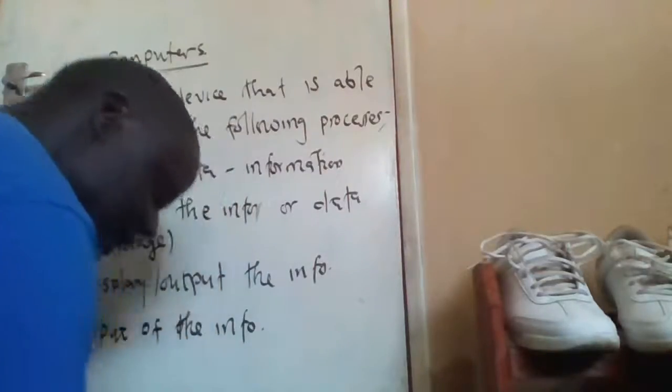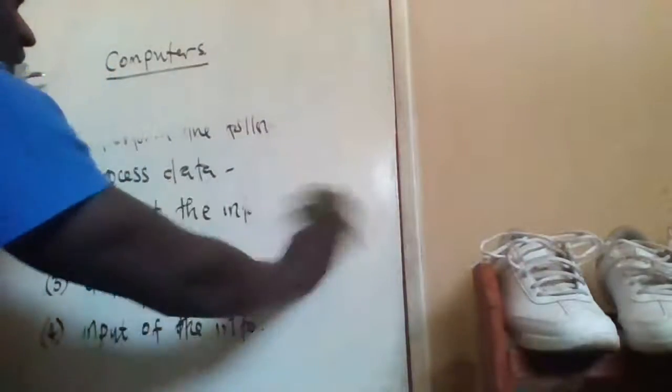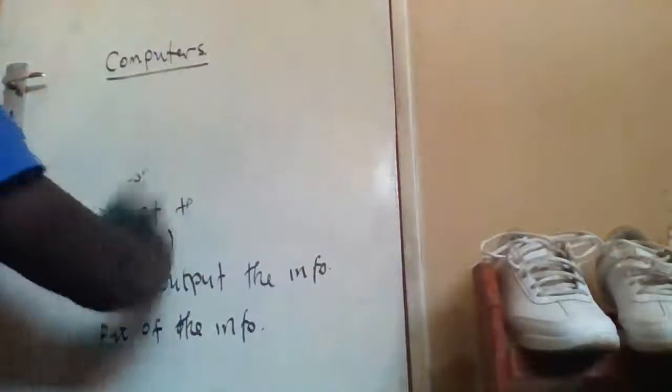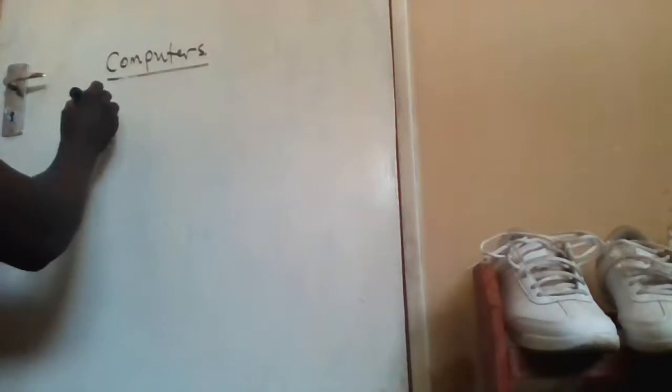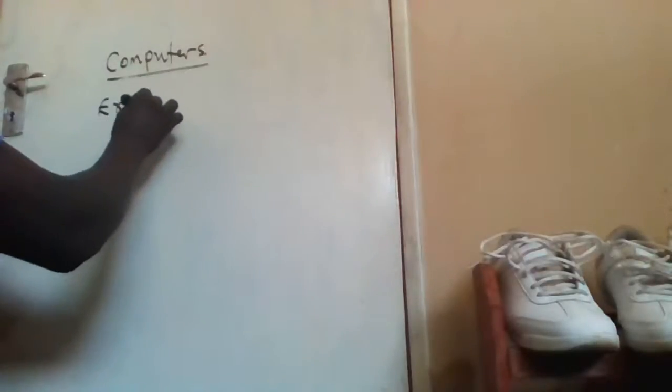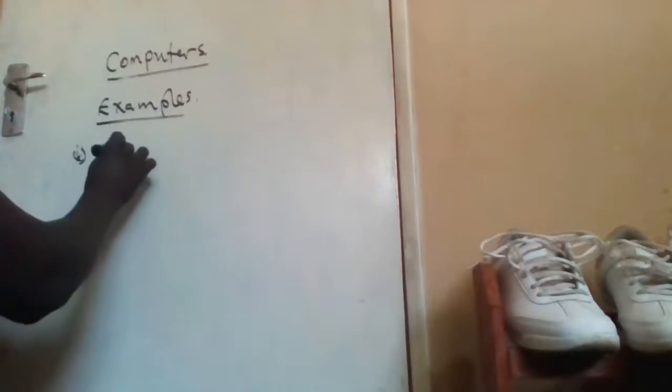Away from that, we are now going to look at examples of computers, examples of electronic devices that are able to do that. Examples of computers: one, you can have a desktop.